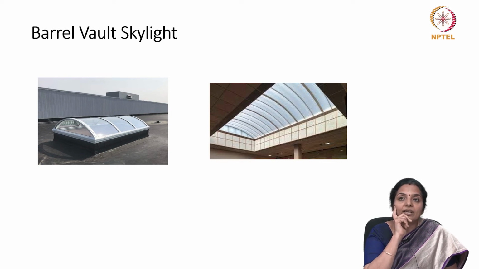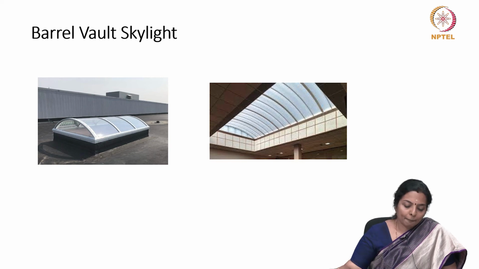Hence, complete or more than 80% of the roof area is covered by the skylight if you use the barrel vault skylight. This type of skylight is preferred usually in passageways or canopies or parking shelters, mall arcades, medical and educational institutions, and in industrial complexes.